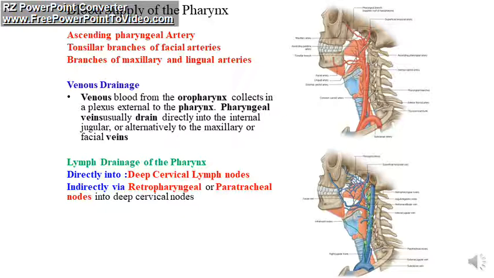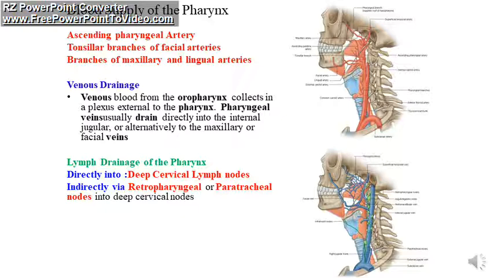The venous drainage takes blood from the oropharynx collection and the plexus external to the pharynx, which is called the pharyngeal vein. It usually drains directly into the internal jugular vein, or alternatively into what is called the maxillary or facial vein.